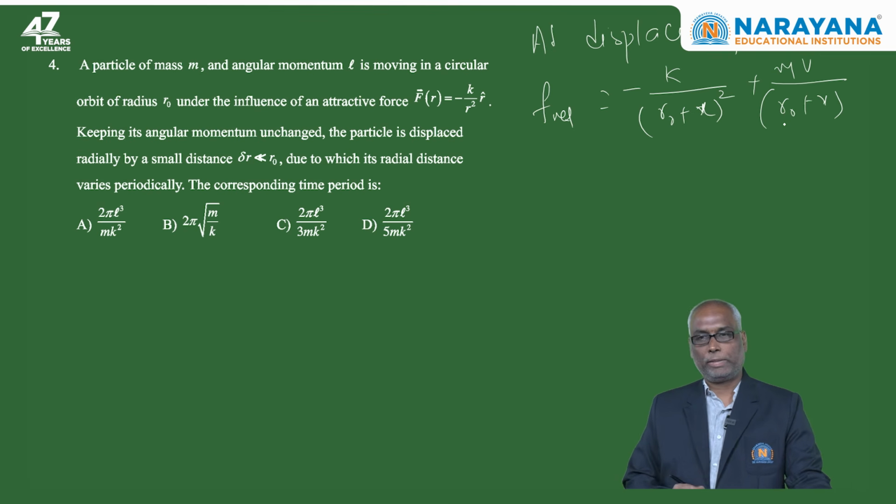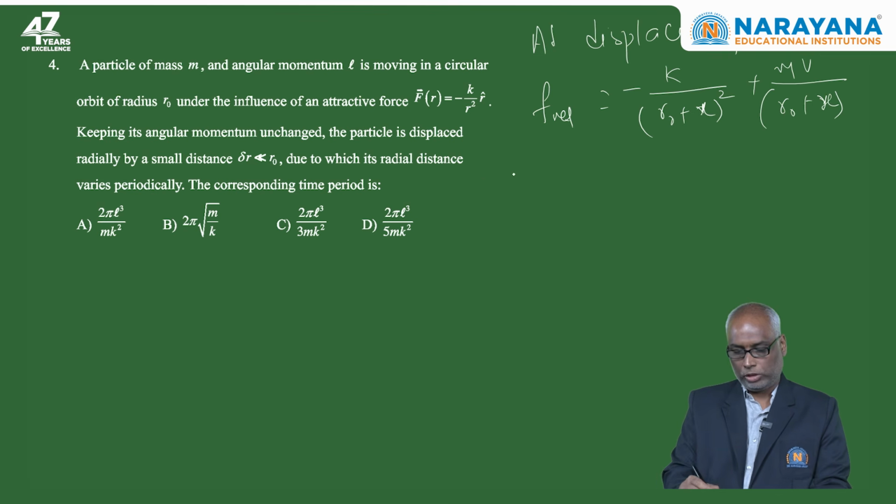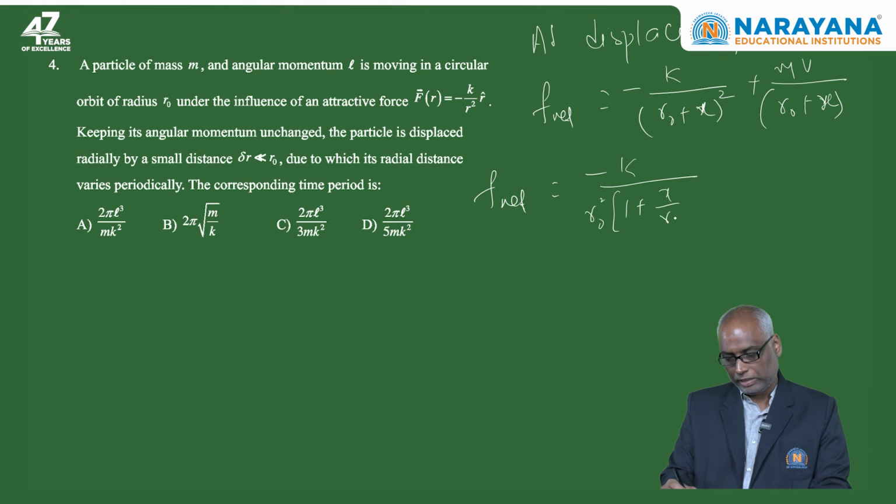So let us simplify this particular equation. How do you simplify it? I need to replace this value of v. So net force becomes equal to minus k divided by, from this equation I can say r naught square common, 1 plus x divided by r naught whole square, plus m v.